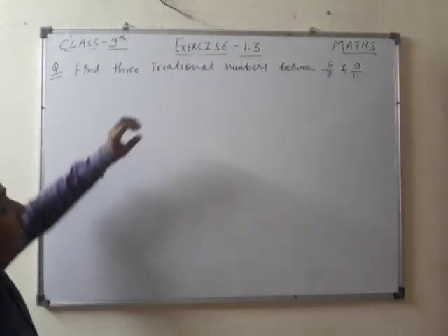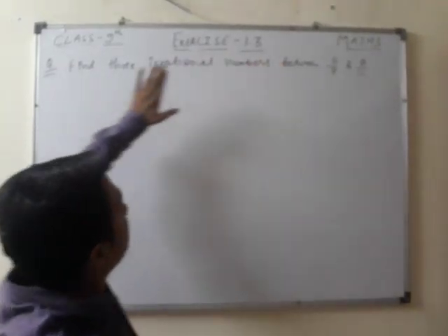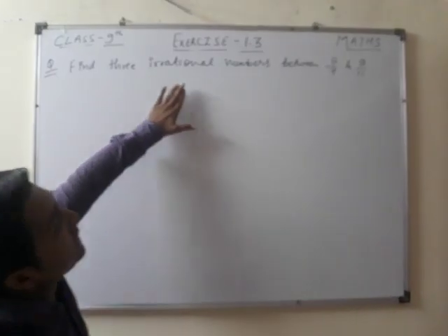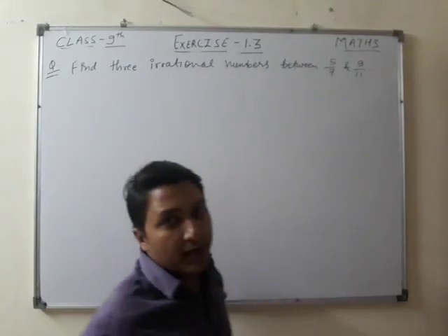In the first exercise of this chapter, we found rational numbers between two given fractions. But in this question, we are finding 3 irrational numbers between 5/7 and 9/11.